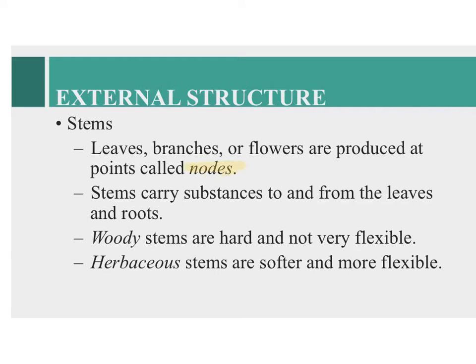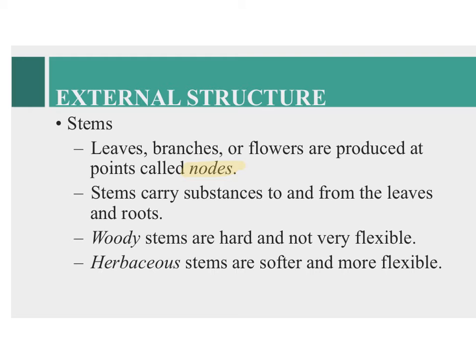Nodes, okay? Depending on the type of species, each node may produce a single new structure or multiple structures. Stems also carry substances to and from the leaves to the roots.